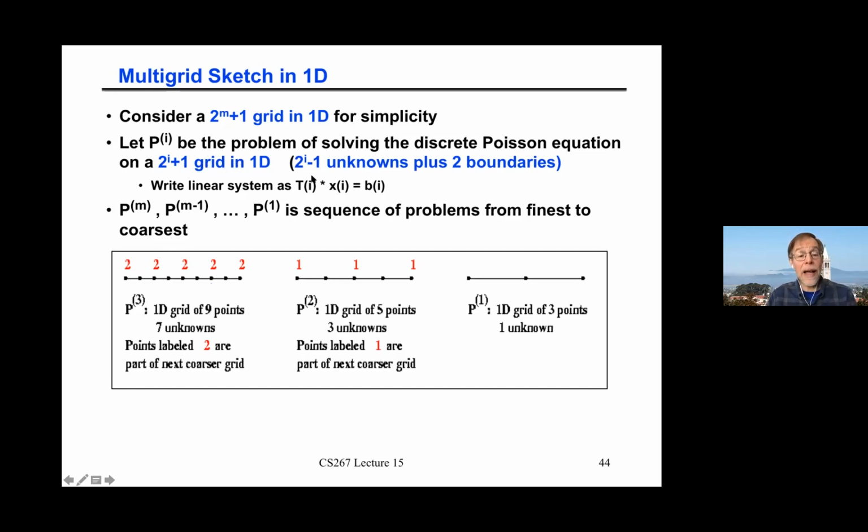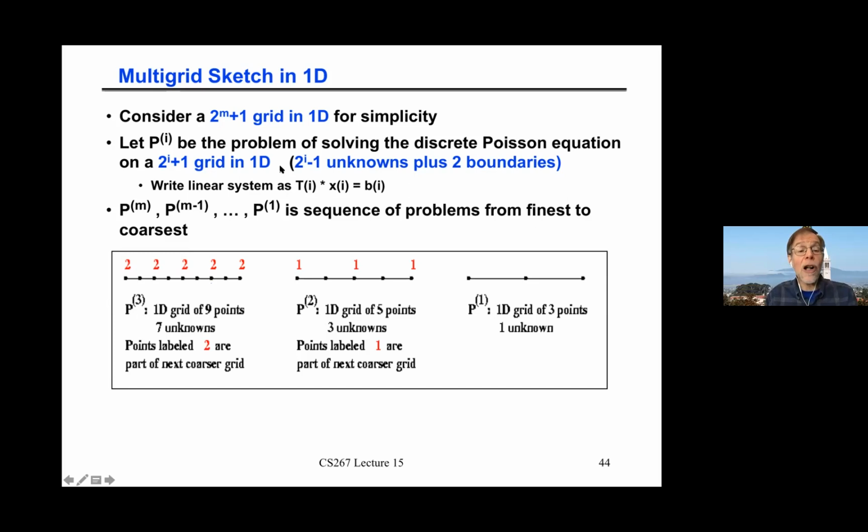I'm going to call that the linear system. Now it's 2 to the i plus 1 grid points, but I'm assuming that the ones at the beginning and the end are the boundary conditions. And so the unknowns are only the ones in the middle. So I only have 2 to the i minus 1 unknowns, plus these 2 boundary points. And the boundary points are going to remain, whether it's coarse or fine.